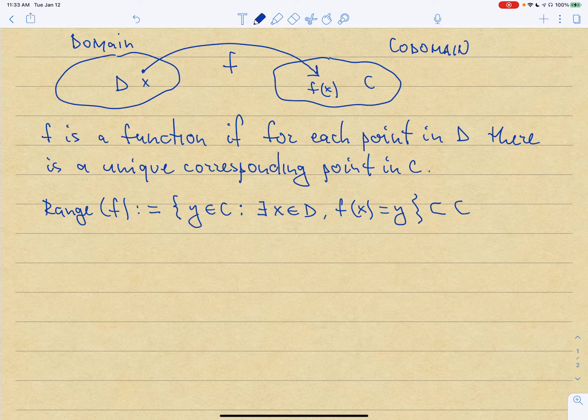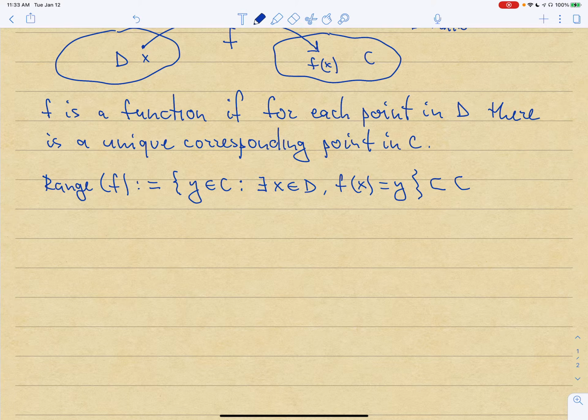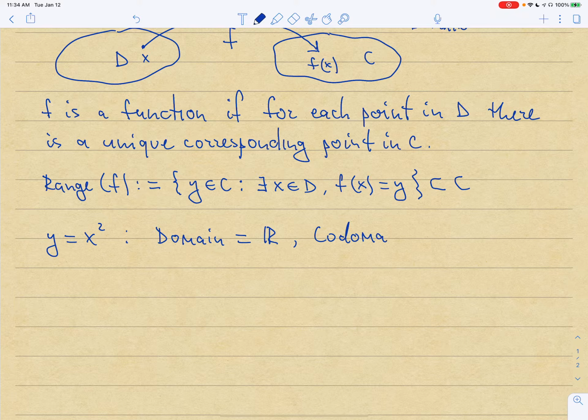So for example, if I have a function f of x, y equal to x squared, then the domain is the set of all real numbers. Codomain is again the set of all real numbers, and the range is the set of positive real numbers.